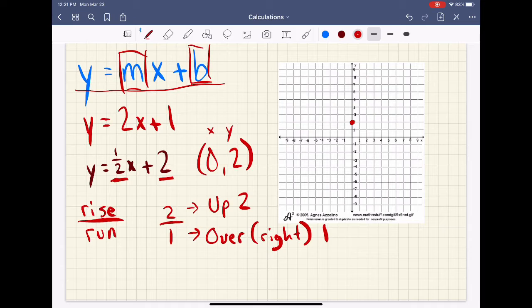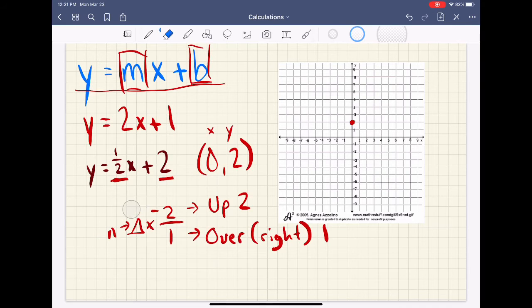You may have seen this when dealing with slope before. Rise is your change in y, over change in x. These two things mean the exact same thing: rise over run, change in y over change in x.